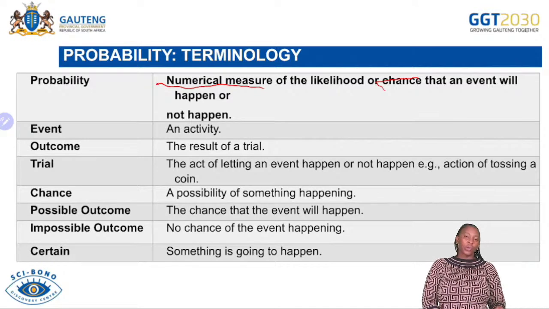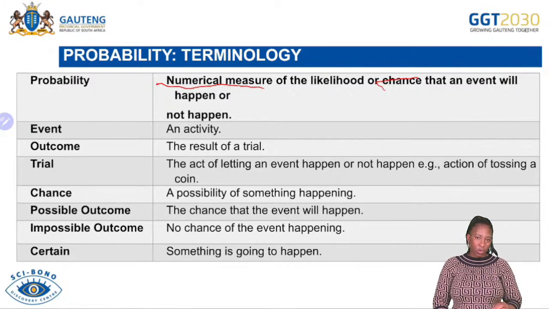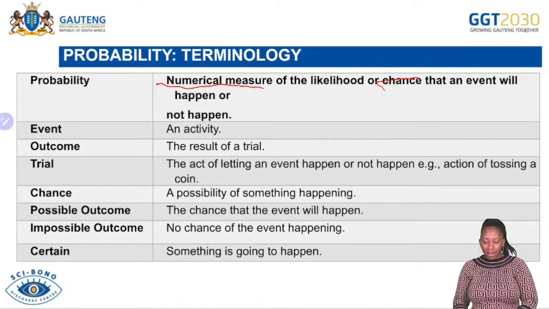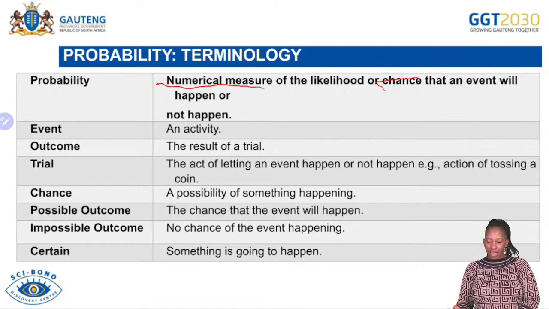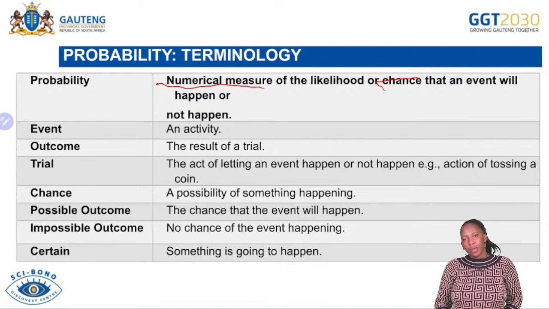Then we have what you call an event. I am going to go through all these terminologies so that as I explain, you understand when I say probability is the measure of the likelihood or a chance that an event will happen. When we talk about an event, what are we referring to? With an event, we are referring to an activity.